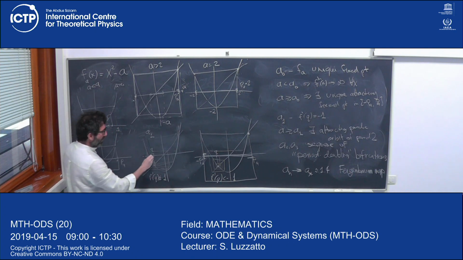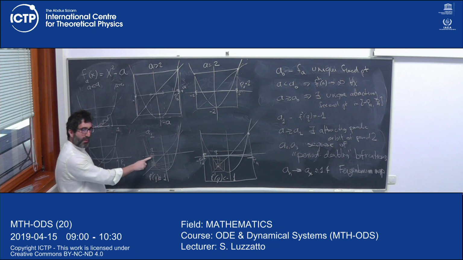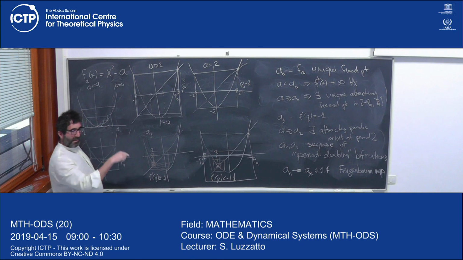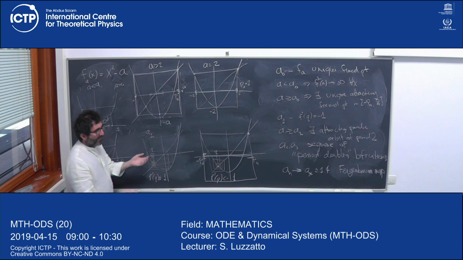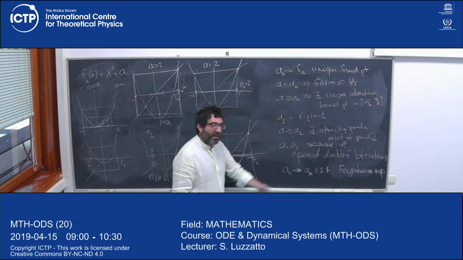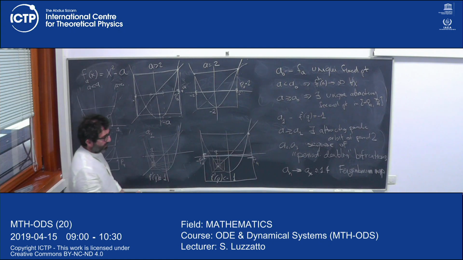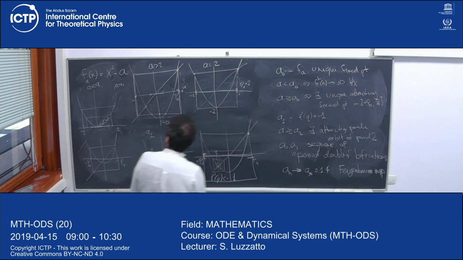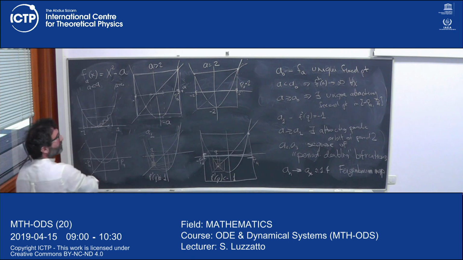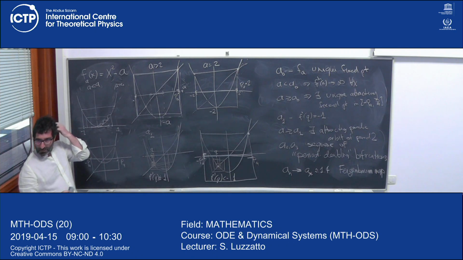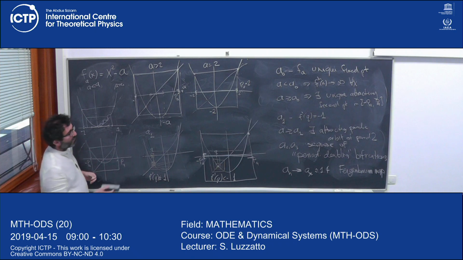So in this situation, you have 2 repelling fixed points and an attracting periodic orbit. When that bifurcates, this periodic point remains as a repelling periodic point, and it gives rise to a period 4 attracting periodic point. But you always have a finite number of periodic orbits up until this place here. Any questions so far? Okay.